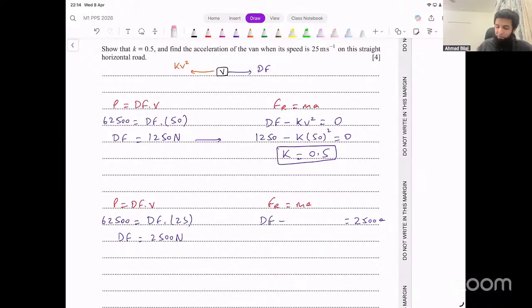Let me actually write it like this first so you understand what we're doing. kv squared, that was the resistance, right? In the next step, I'll write down the value of driving force 2500 minus k, which is 0.5 into v, which is 25 squared. That equals 2500 times a, and that will give you the value for a. You can see what that is. What's the value of a that you get?